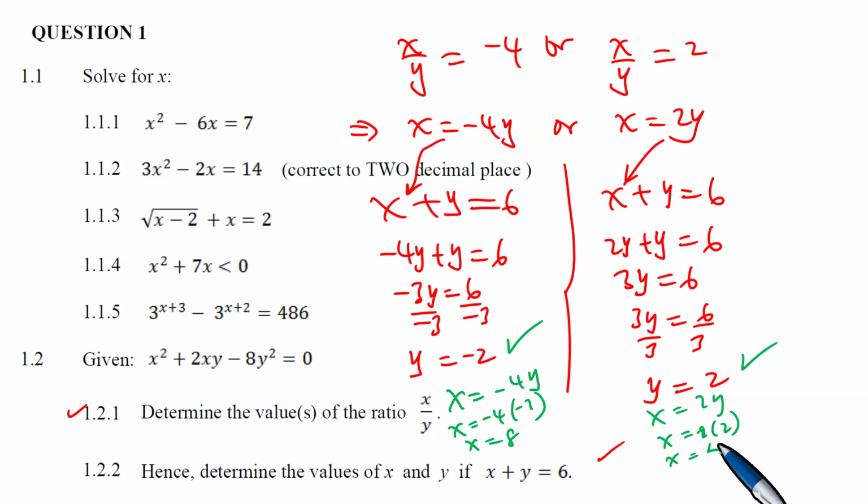What is 2 times 2? It's 4. Right, so the y values are minus 2 and 2, and the x values are exactly 8 and 4. Right, we have got the results there.